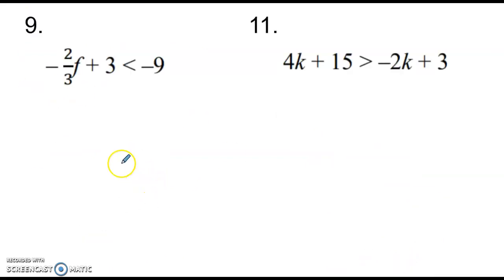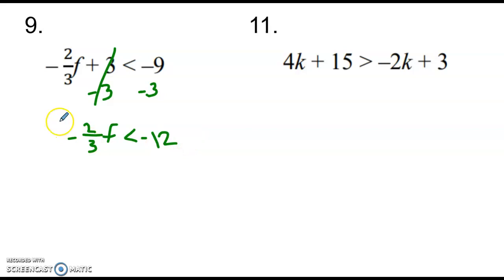Here's the next pair. Negative 2/3 f plus 3 is less than negative 9. I'm going to jump into this one by subtracting 3 from both sides. And remember, if I'm going too fast for you here, feel free to pause and rewind me. I'm going to get negative 2/3 f is less than negative 12. Remember, we have a fractional coefficient here.